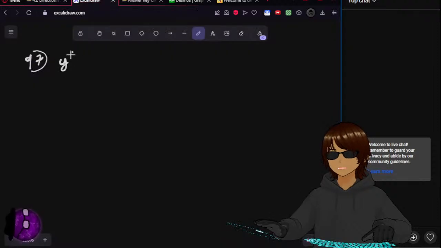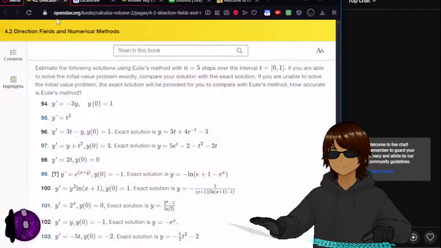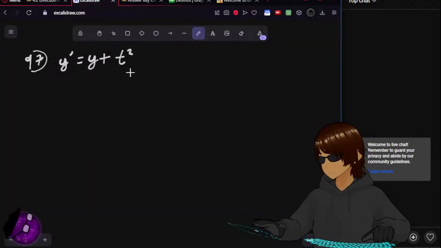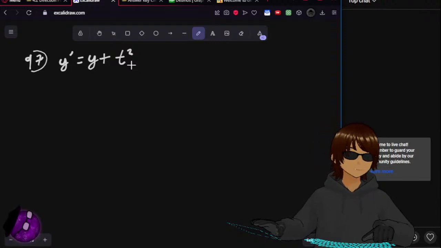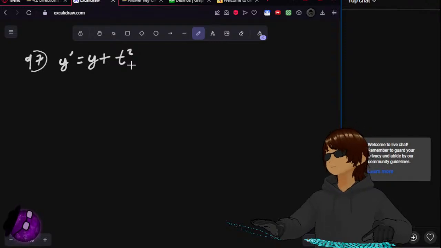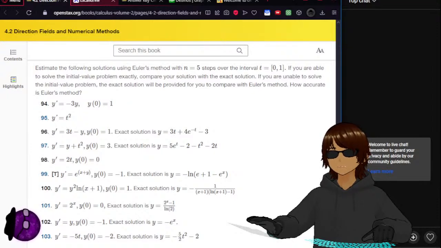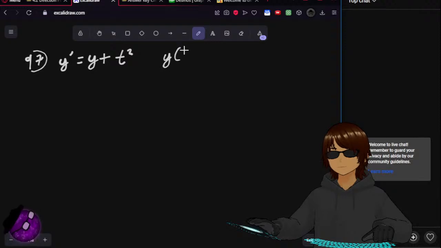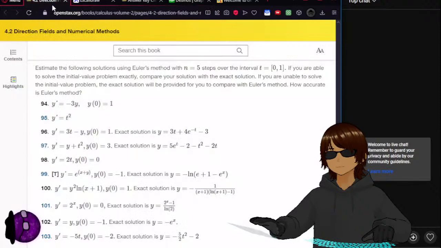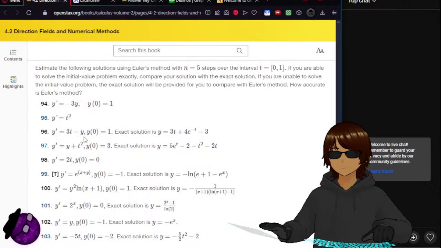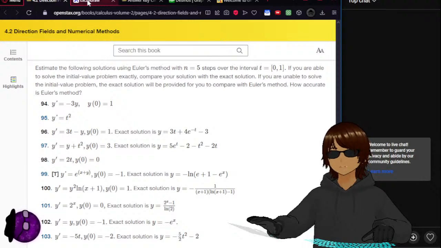The derivative of y is equal to y plus t squared, and y0 is 3.